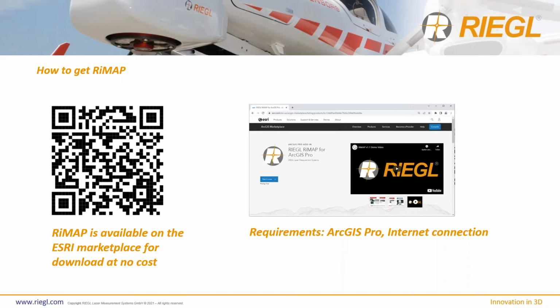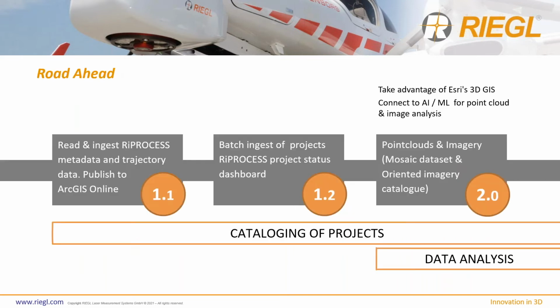As we mentioned, there is no additional license. The add-in itself comes for free, so there are no additional costs for that. And we believe it's a pretty easy installation. When you download the file, it's a single file, double click, and it will be installed as an add-in to ArcGIS Pro. That's how it works.